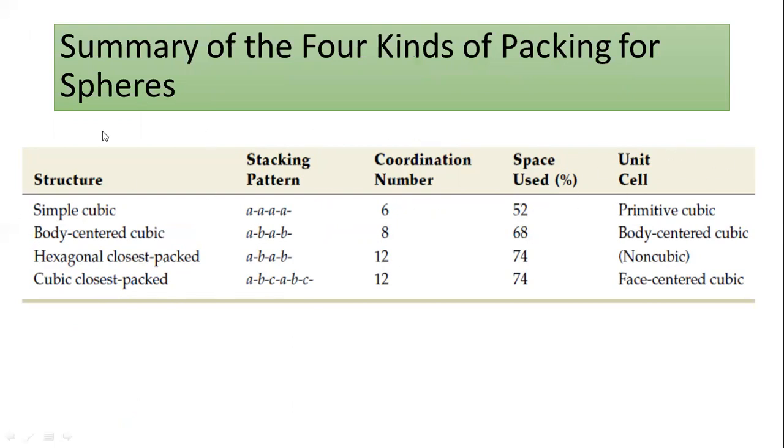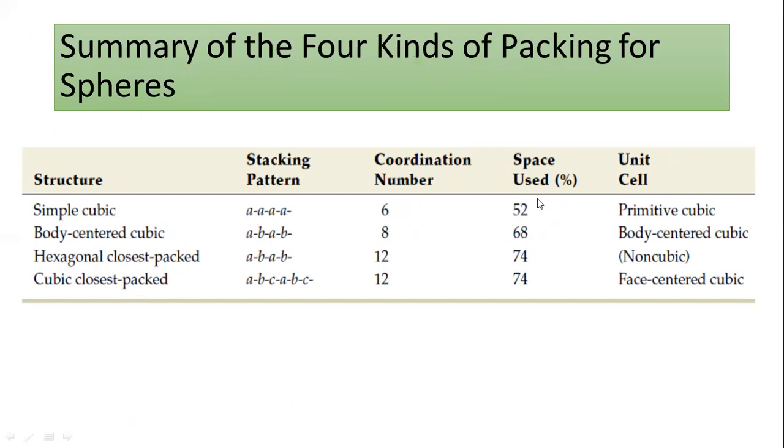This we have already discussed in the previous slide. Now, important over here, these are the unit cells. When there is simple cubic packing having this type of pattern, then the coordination number is 6.